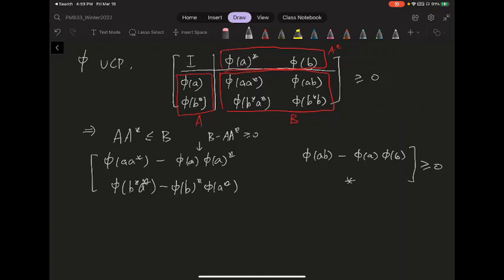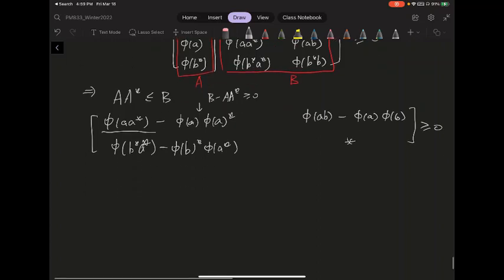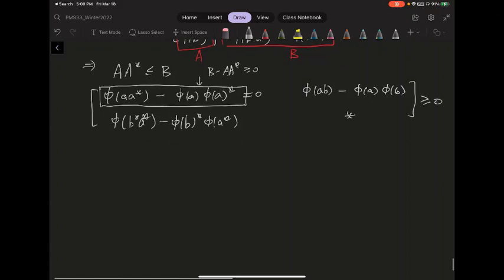And the nice thing is that now the A is in the C, the set C. So by the way we define the set C, this entry is going to be 0. C contains all the A where phi of A star A can be broken into phi(A star) phi(A). Because that entry is 0 and you want it to still be positive, by the second lemma we showed from the last video, we know that the off diagonal has to be equal to 0.